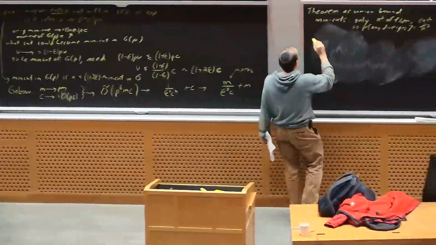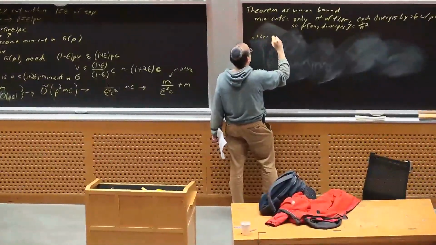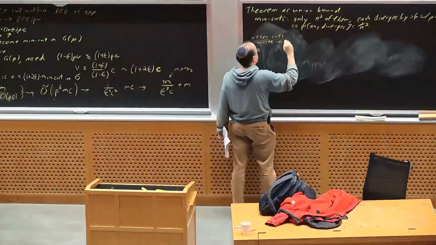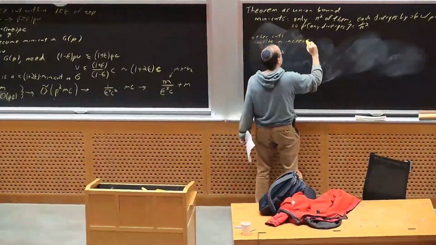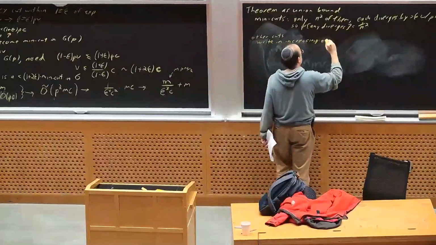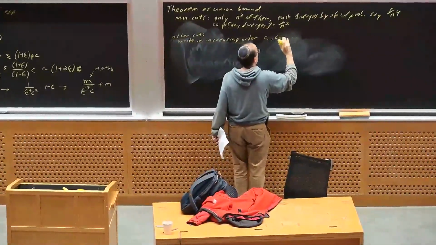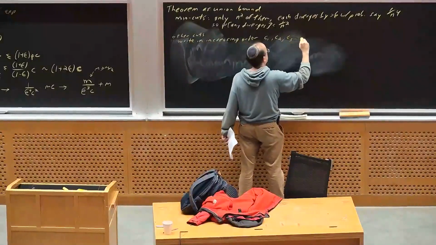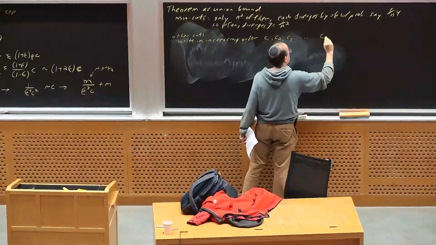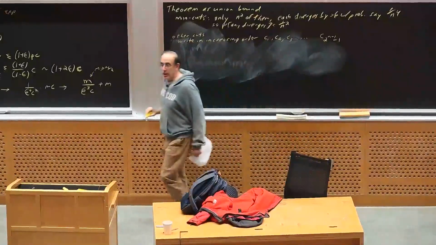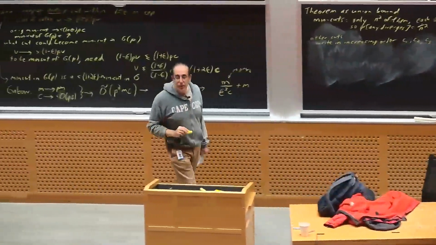So let's think about the other cuts. What we're going to do is write them in increasing order: C1, C2, C3, and so on up to C sub 2 to the n minus 1, the biggest cut. Okay?